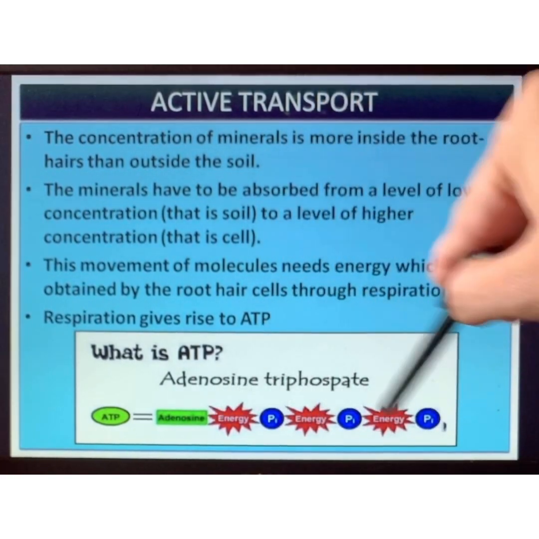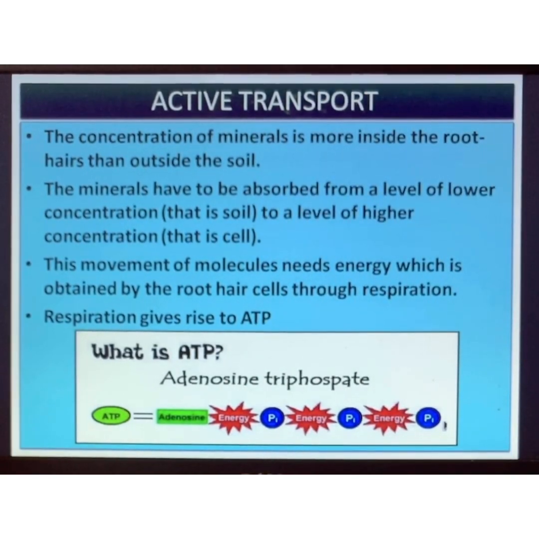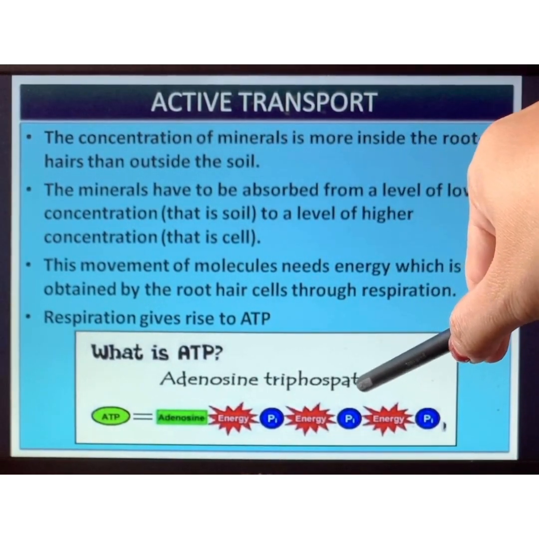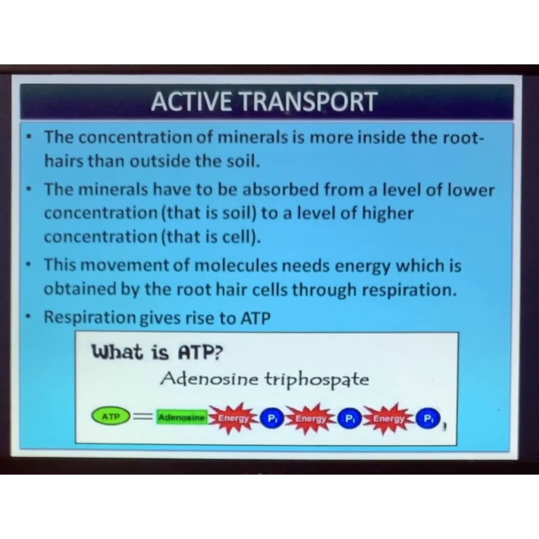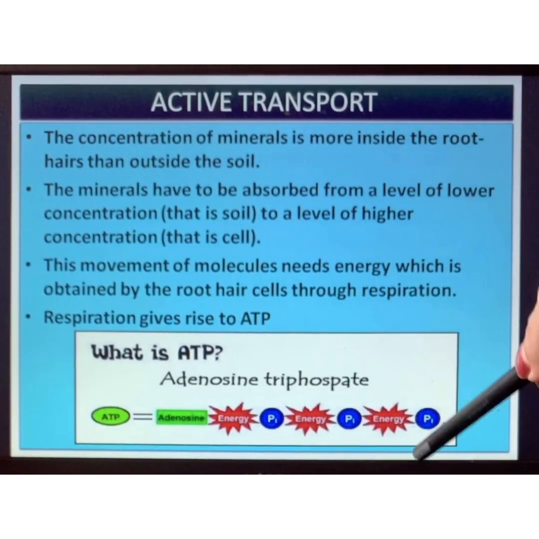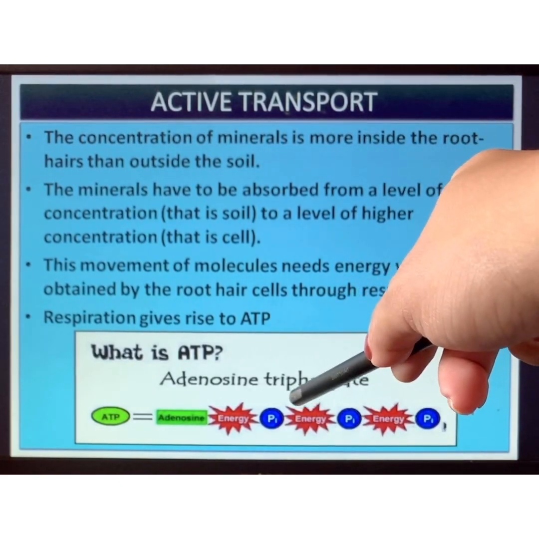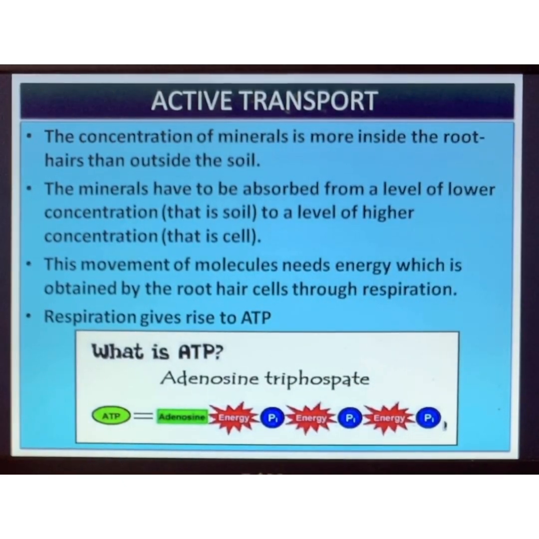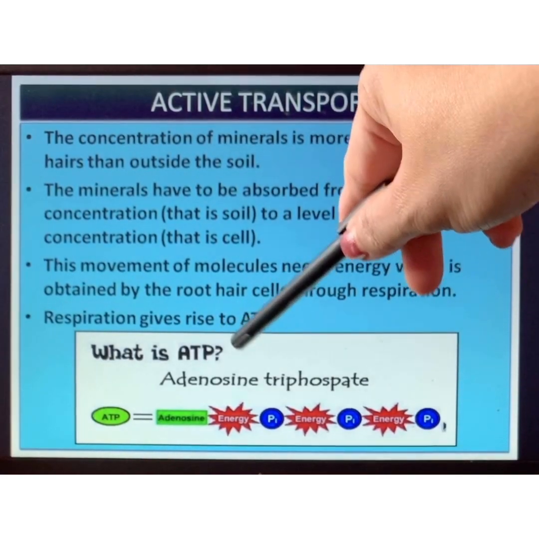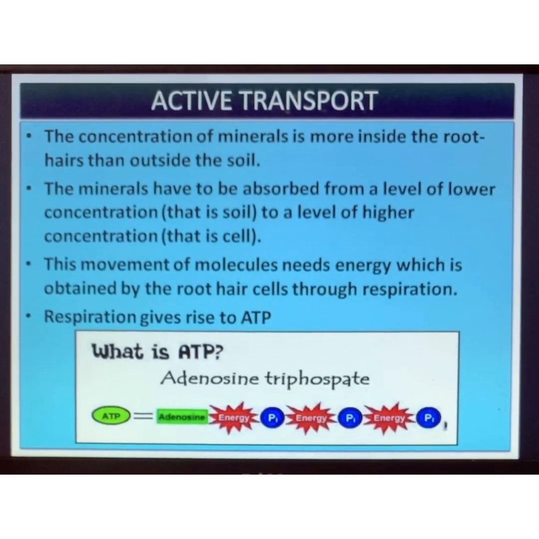Alright. So, there are always three phosphates, and that is why triphosphate. Whenever we require energy, these bonds are broken, the energy is released, and it comes back to diphosphate. So ATP becomes ADP by giving out energy for work. So we collect these currencies and keep them in our cells.